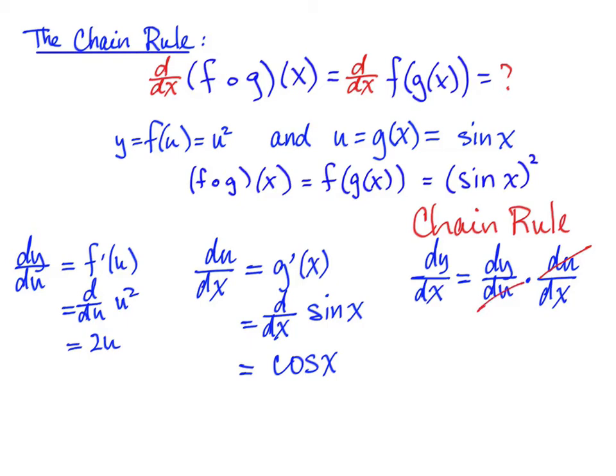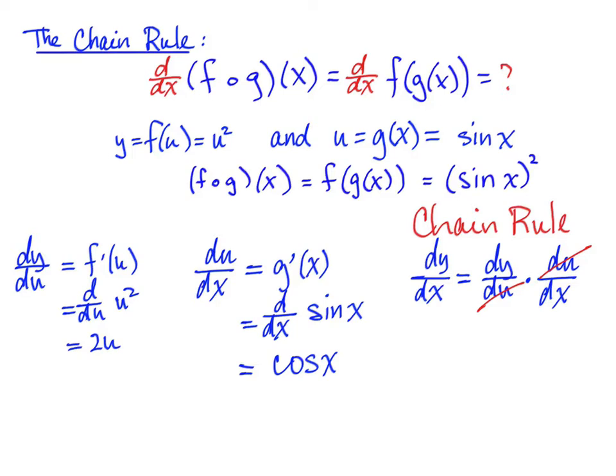We don't really normally treat these derivatives like fractions, but if we view them as fractions, something interesting does happen. Dy over dx, if you think of it as a fraction, is equal to dy over du times du over dx, and it looks like it makes sense.